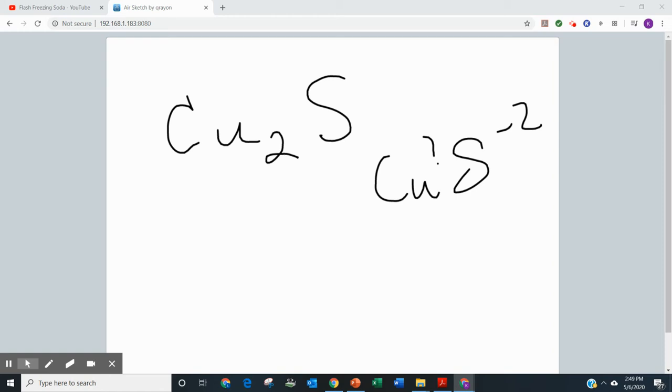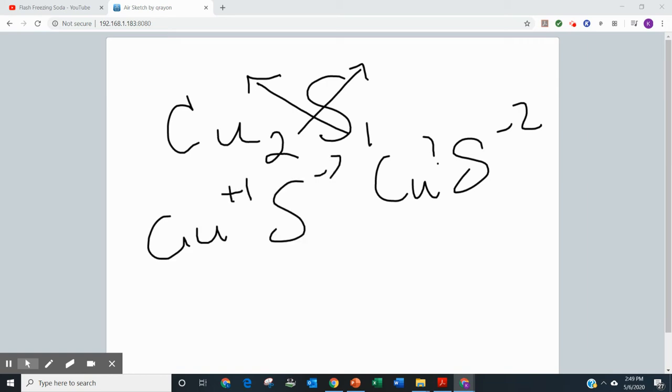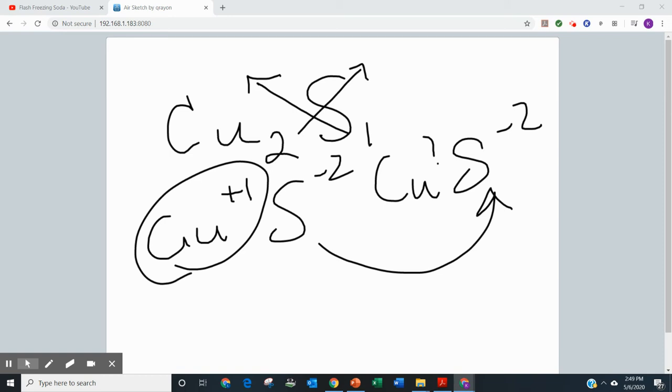But we do know if we start with this Cu2S and we crisscross the charges here, or sorry, the subscripts, we would end up with something that was like +1, and sulfur would be -2. And we know that sulfur does have a -2 charge. So in this case, copper does have a +1 charge. So we end up with copper 1.